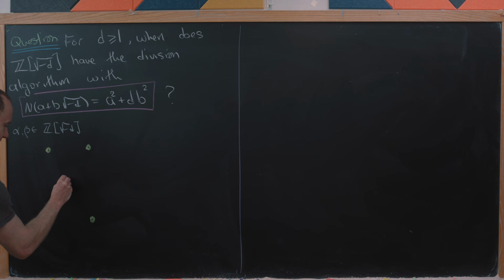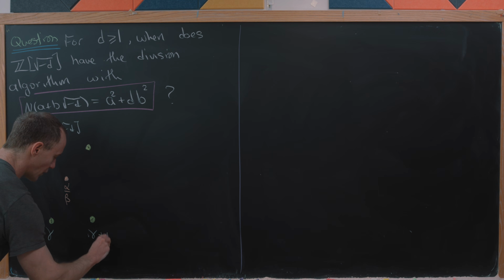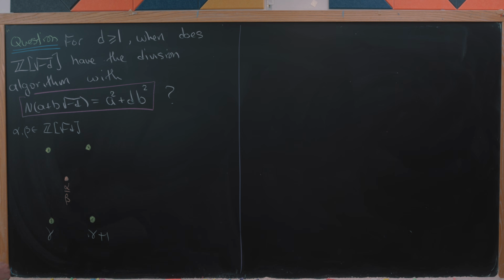And so, as we saw in the animation, the worst place that you can land is right in the middle of one of these rectangles. So I'll just label this with alpha over beta. Let's say that this vertex right here is gamma, and this is gamma plus 1 because this is along the real direction.